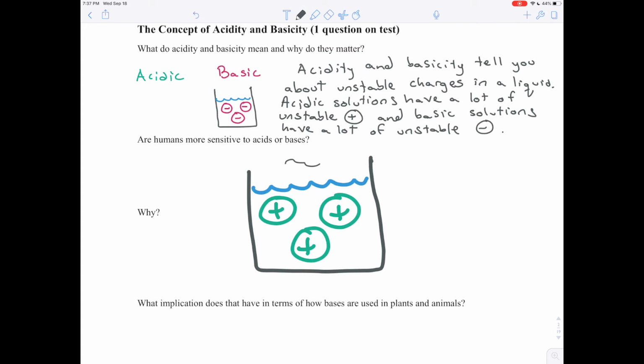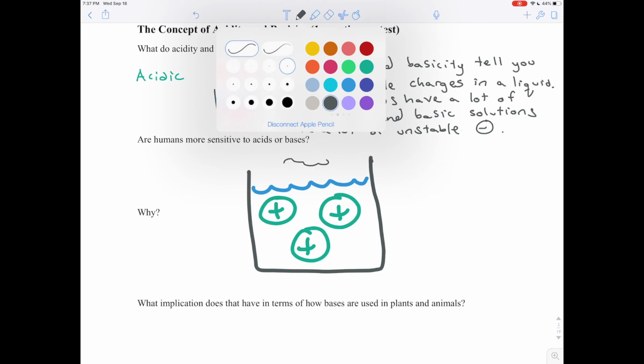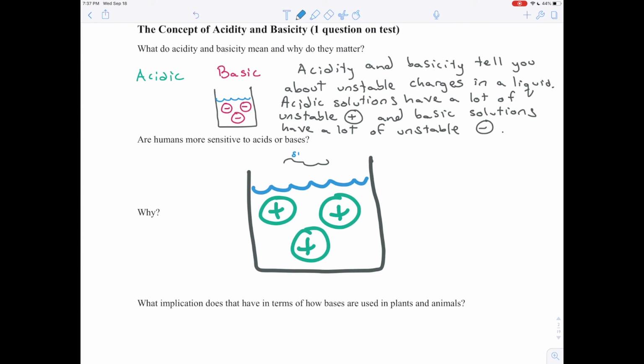let's say you have a little molecule like this. If you dunk it into this type of solution, those positive charges are going to push and pull on that molecule. If that molecule has parts that are slightly positive and other parts that are slightly negative, when you put this into an acidic solution, the positive charge is going to push on the positive charge in the molecule and pull on the negative charge in the molecule.